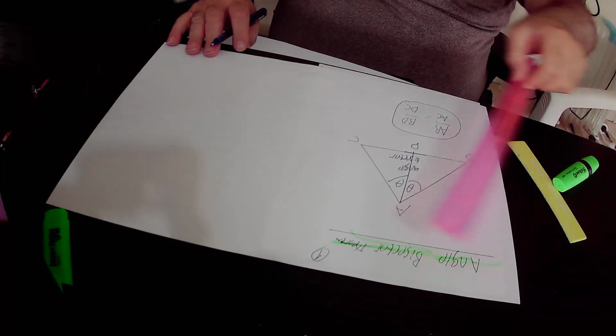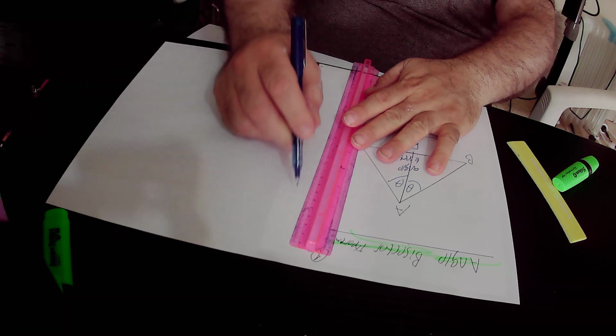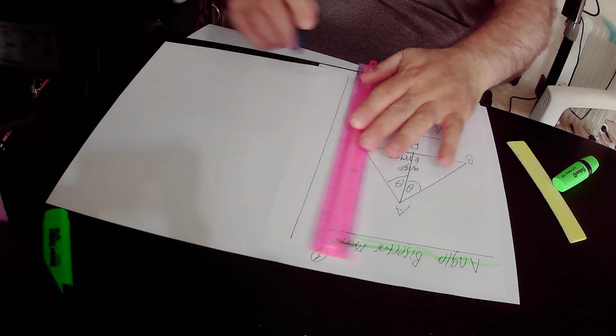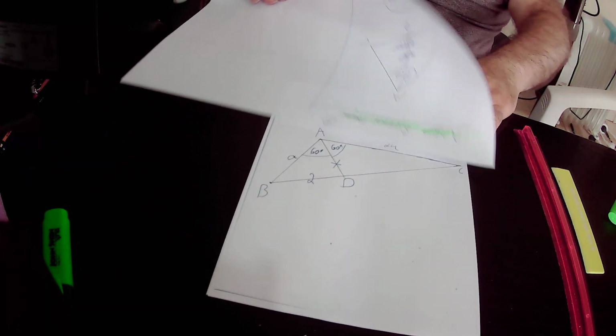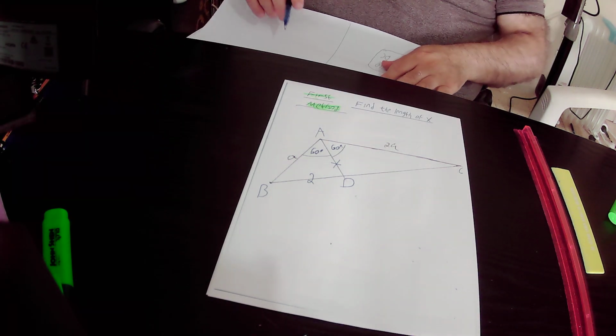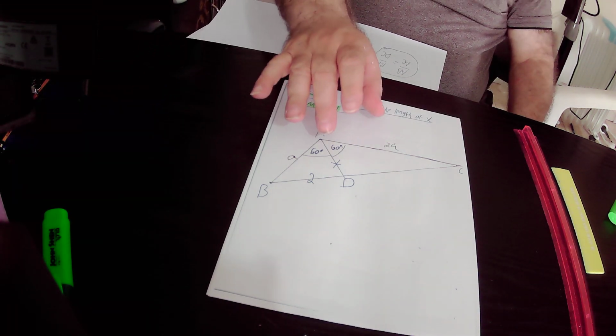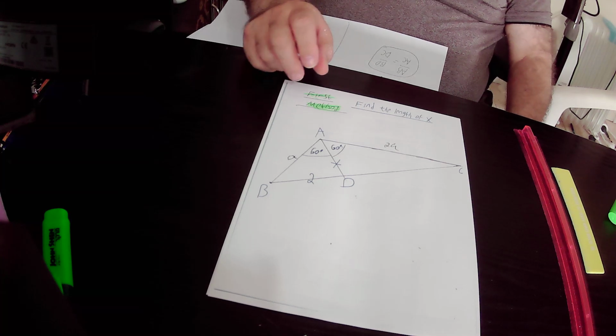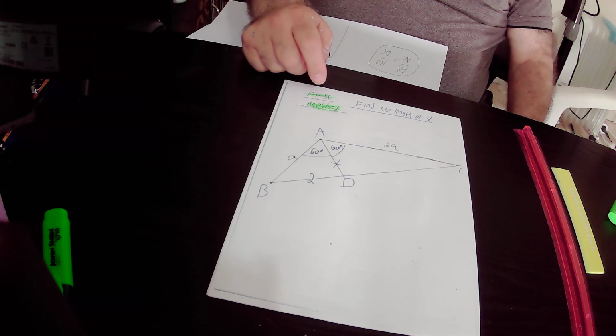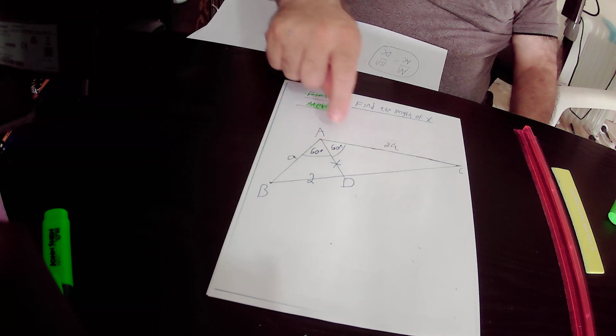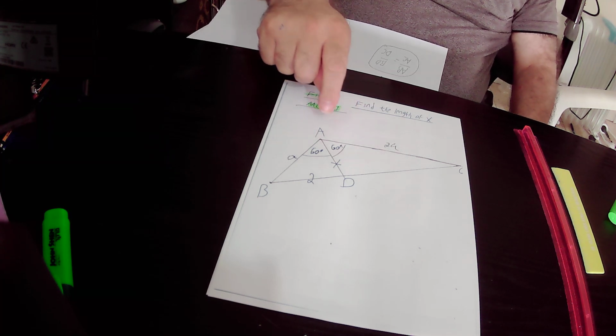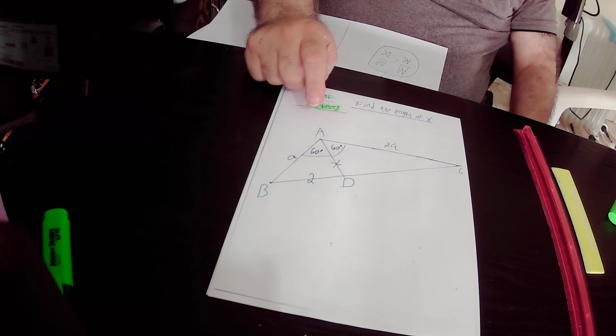We will implement the angle bisector theorem in our triangle ABC. The reason we can do so is that line segment AD, which is equal to X, is an angle bisector in triangle ABC.